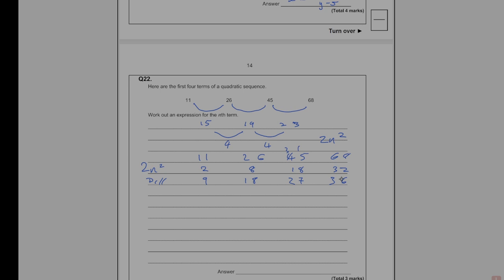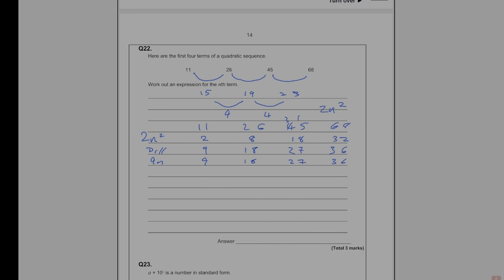So this sequence is just 9n. The 9n would be 9, 18, 9 times 3, 27, 9 times 4, 36. So my sequence is going to be 2n squared plus 9n.